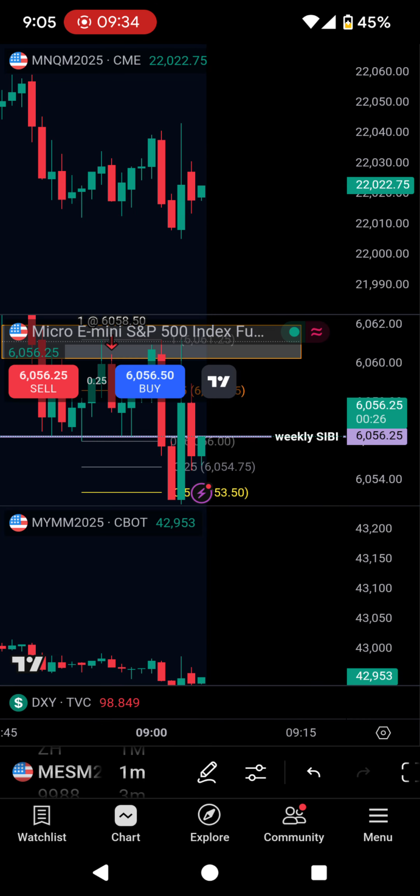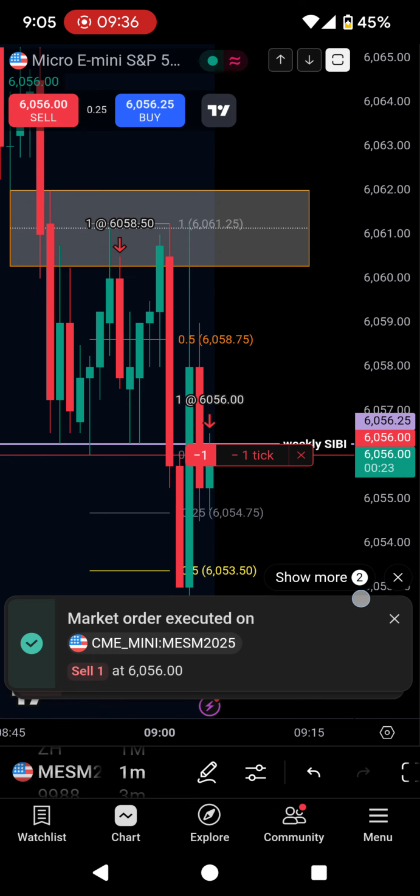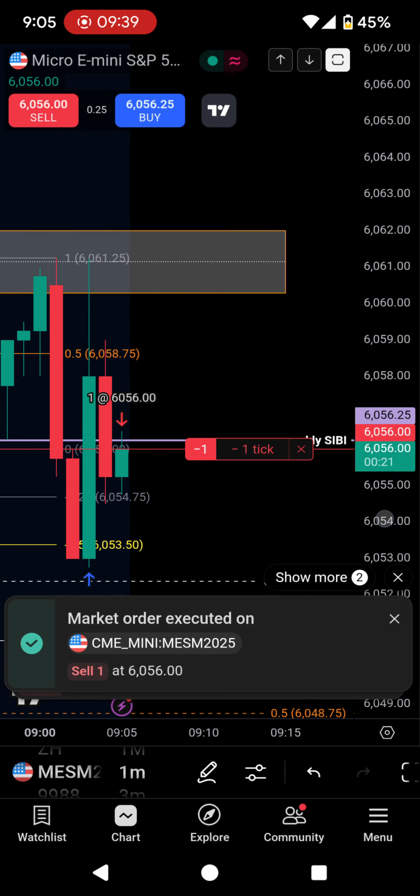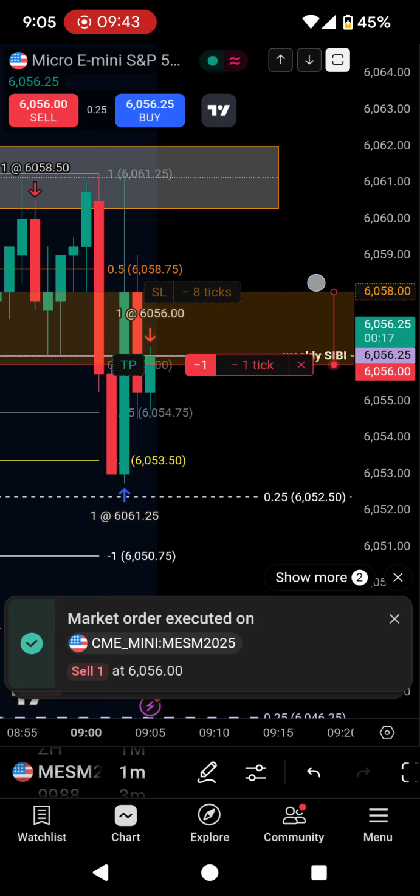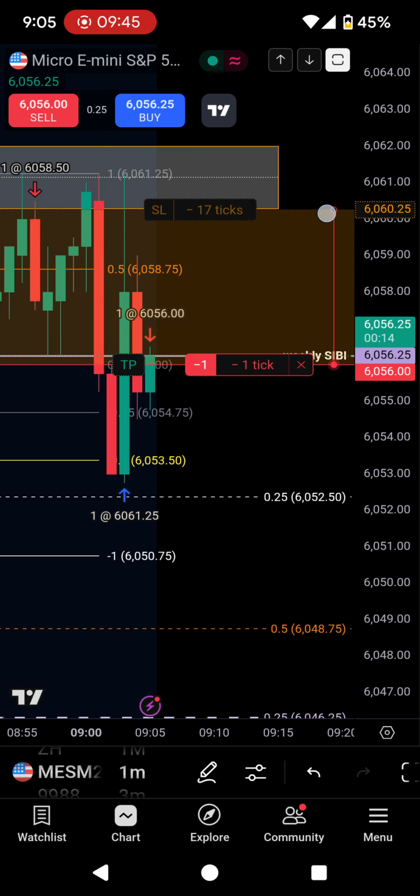There we go. Right now I want to see it send lower. Stop loss is going to be right here.